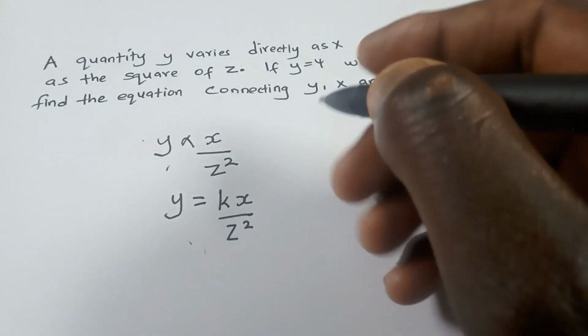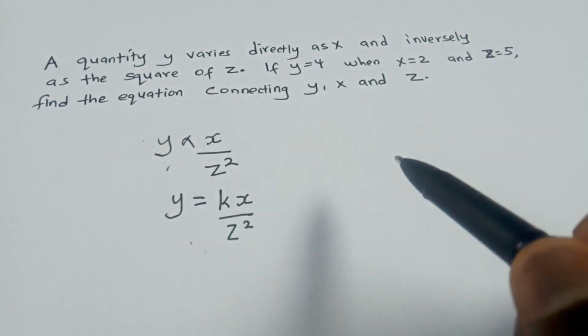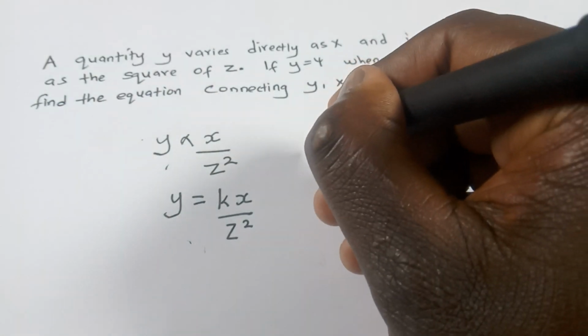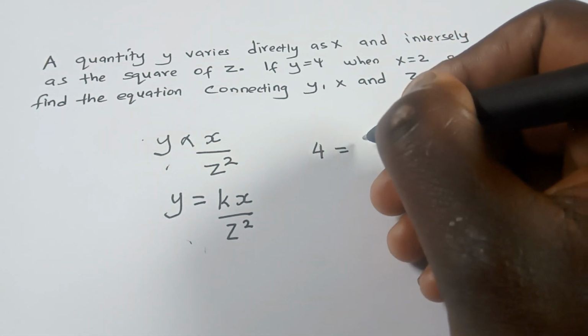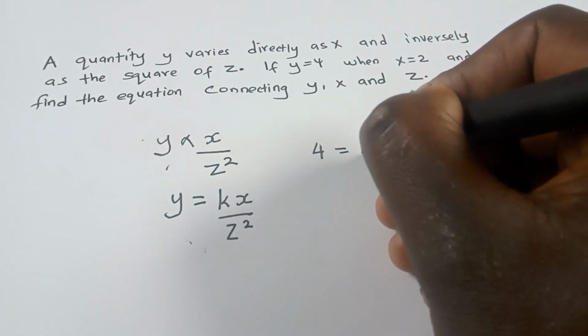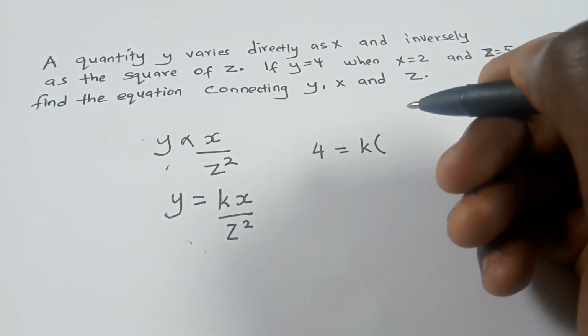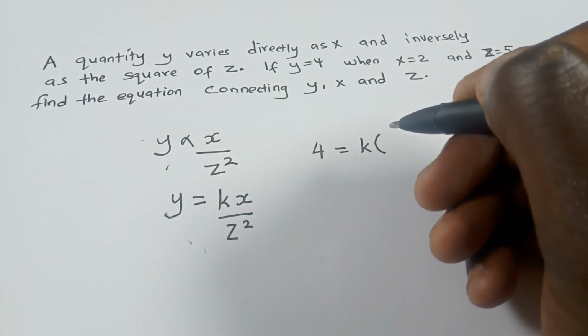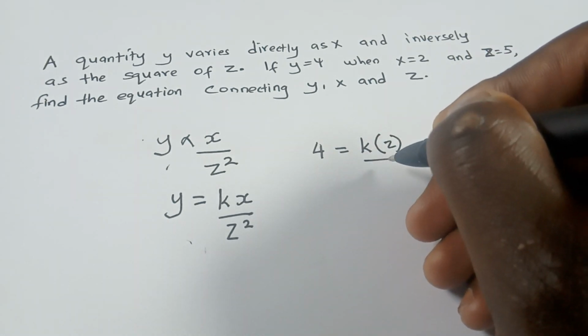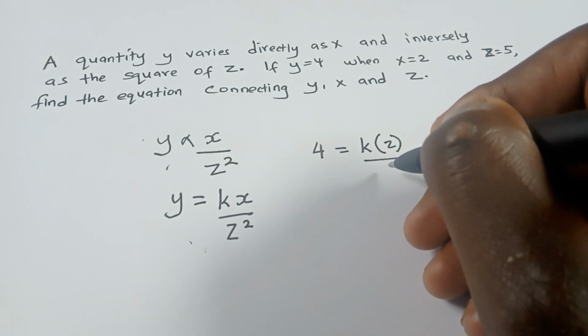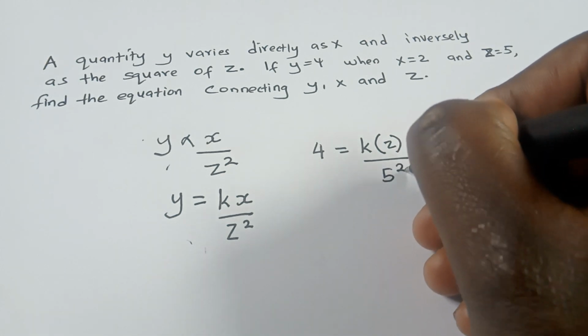We can do that part here. So given that our y is 4, so we can say 4 is equal to k into brackets, we multiply with x, our x is 2, over our z squared. Our z is 5, so it will be 5 squared.